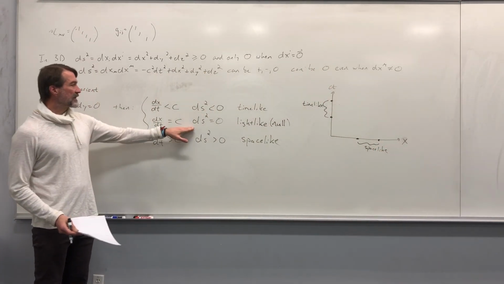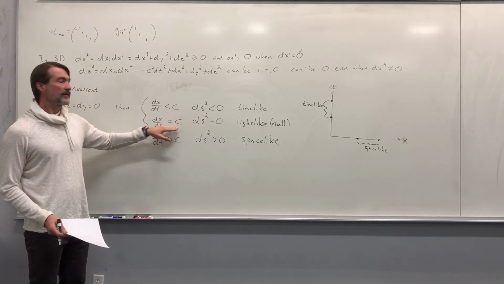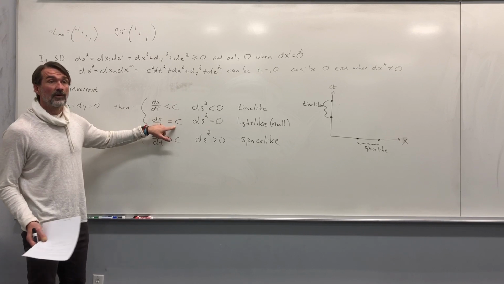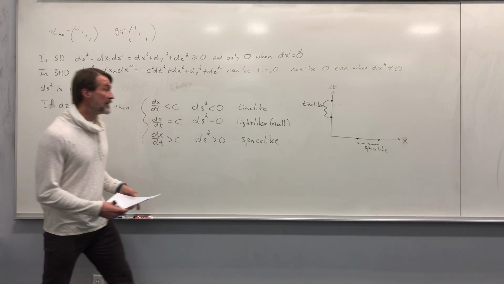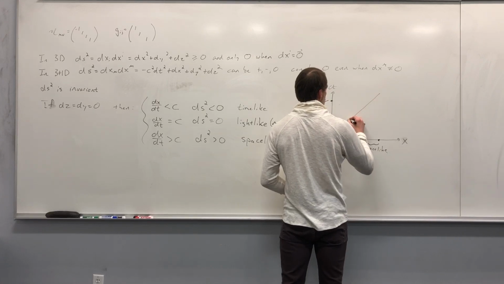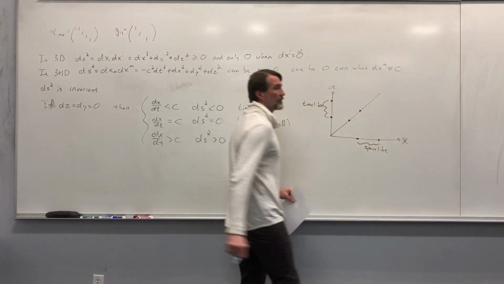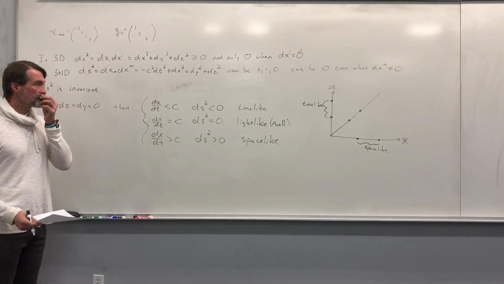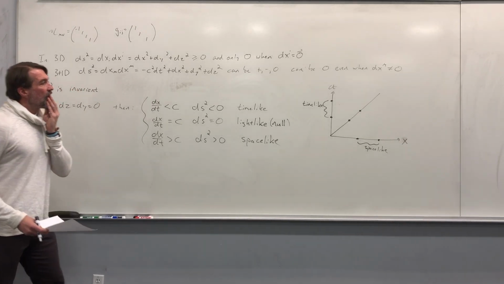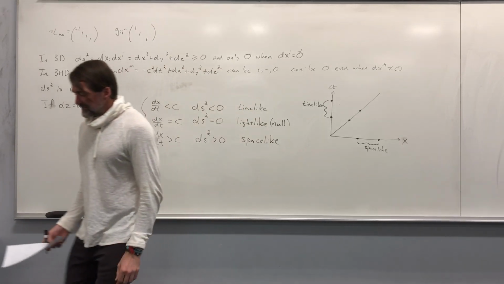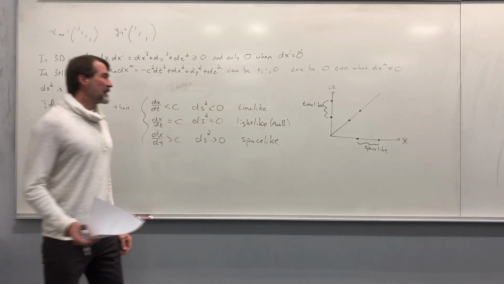And then last but not least, there is this situation where dx over dt is equal to c. We're eventually going to set c equal to 1. So really this is just a line of slope 1 along which we can put two events. Okay? Now, I actually don't know if I teach you this in this course, which is kind of scary, but I'll just point it out.